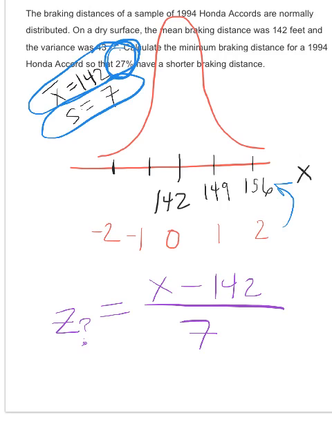So what z-score traps 27%? Now the question is, do you want to trap 27% on the left side or the right side? 27% shorter braking distance. Shorter, less than. Somewhere over here it looks like.